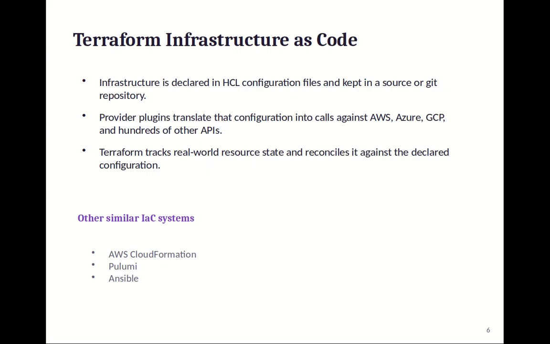Terraform infrastructure as code. Infrastructure is declared in HashiCorp Configuration Language (HCL) configuration files and kept in a source or Git repository. Provider plugins translate that configuration into calls against AWS, Azure, GCP, and hundreds of other APIs.